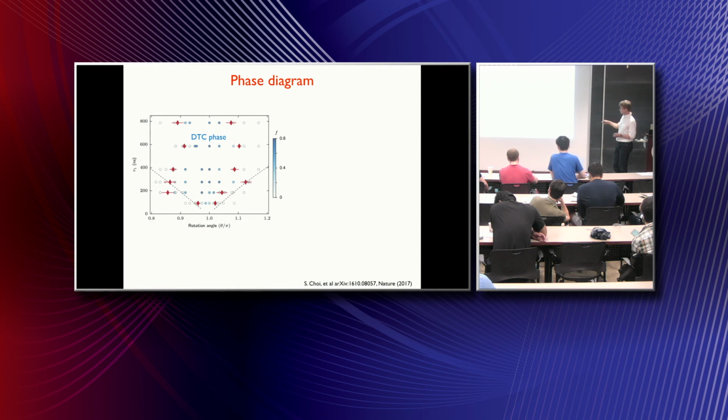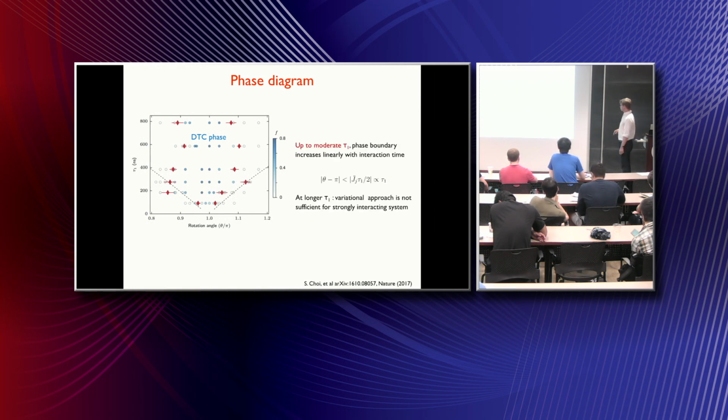And these two lines are predictions of the mean field theory. Indeed, when this tau is short, and as tau increases, the stability region increases. So this is a stable time crystal phase. So that's this mean field condition.